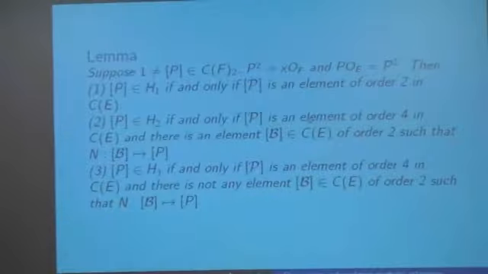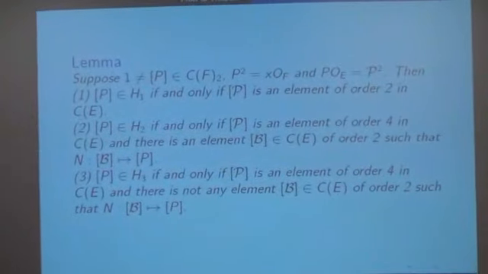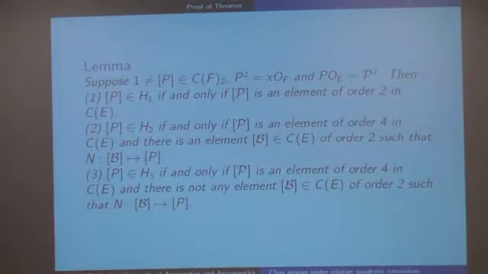Also a lemma: suppose P belongs to CF two-group, P square equals to XOE, POE equals to P square. Then P belongs to H1 if and only if P is an element of order 2 in CE.